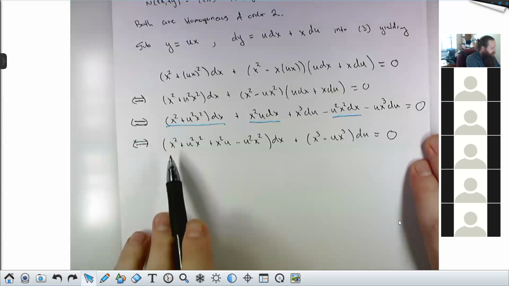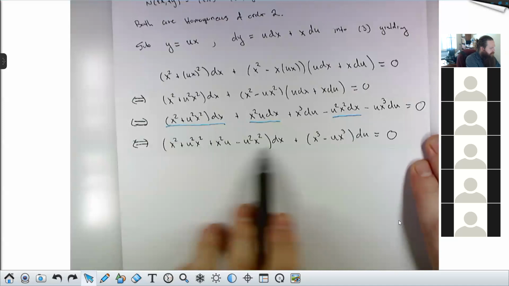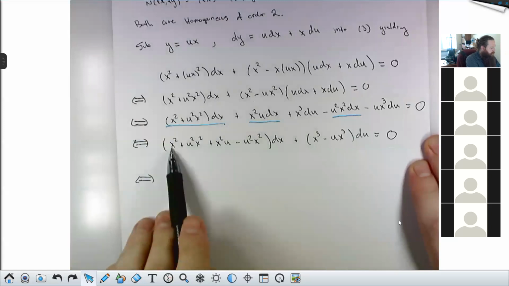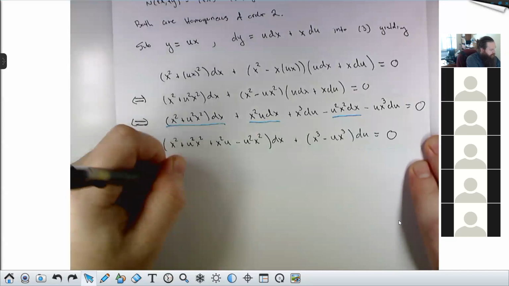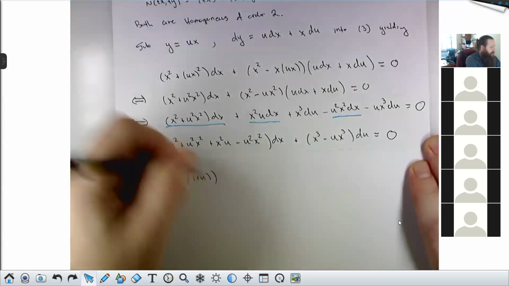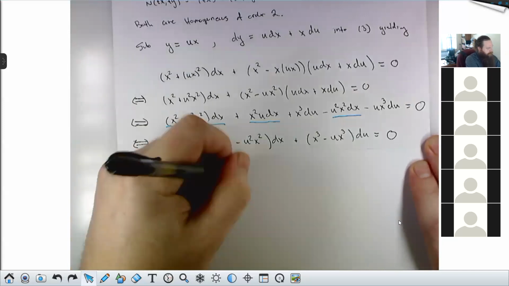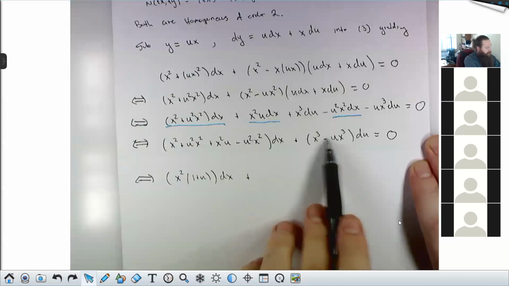Are there any terms I can combine here? Yeah, I've got plus u squared x squared and minus u squared x squared. So what's really left here is x squared plus x squared u, which is x squared times 1 plus u, dx. And then from the other guy, I've got x cubed minus ux cubed.